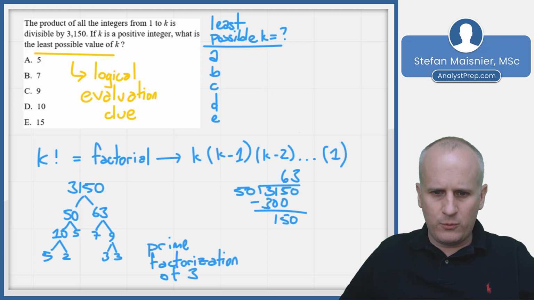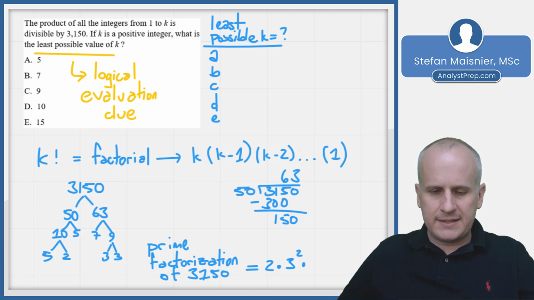of 3150 is equal to 2 times 3 squared, or 2 3s, times 5 squared, or 2 5s, times 7.